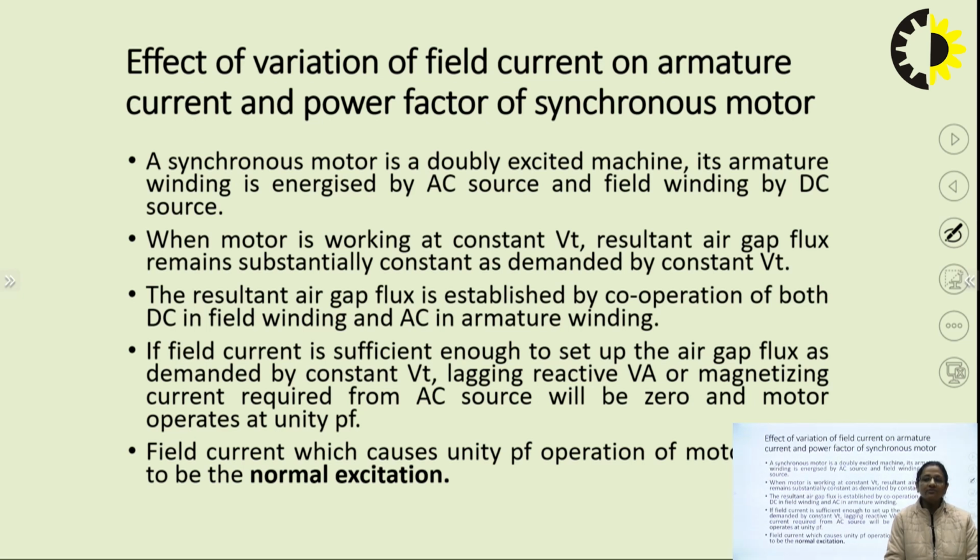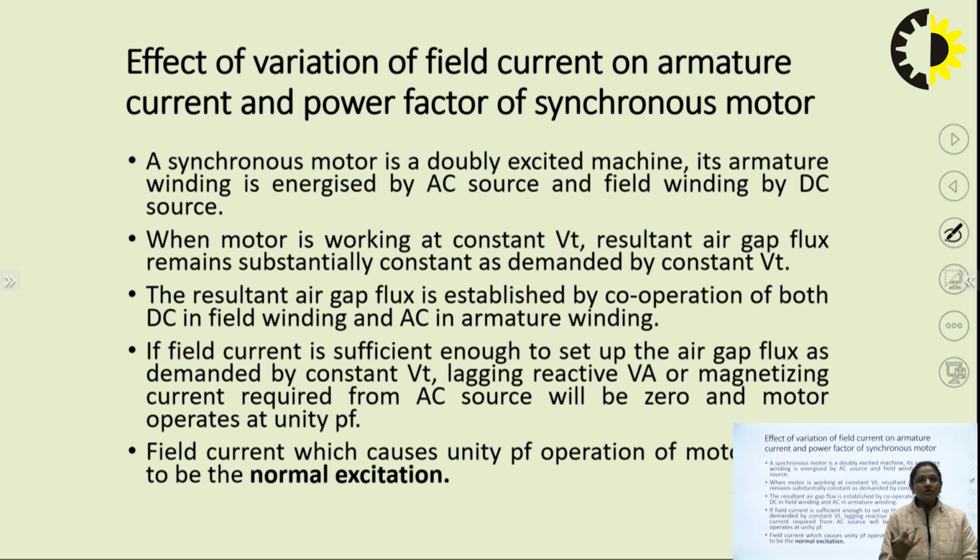What is that behavior? If we vary the excitation given to the field winding, with respect to that variation, there is a corresponding variation in the armature current and armature circuit power factor of the machine. So, here we will discuss the effect of variation of field current on armature current and power factor of the synchronous motor.